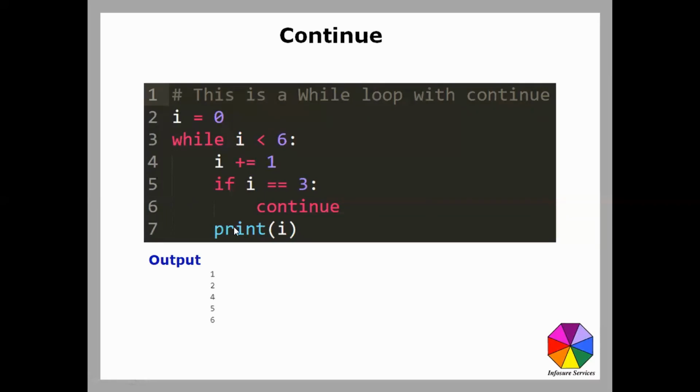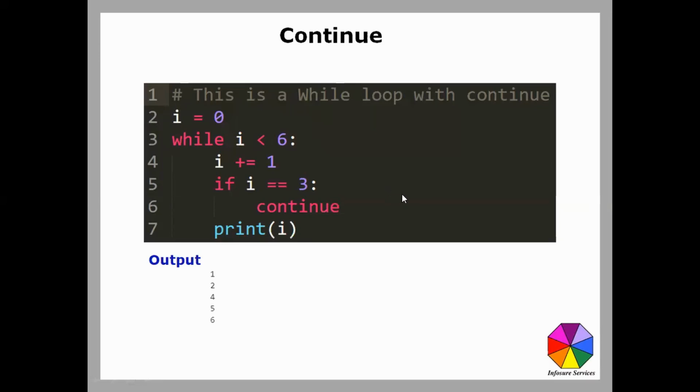So you see this print, it has been printing 1, 2, 3, it skipped and went to 4, 5, 6. So that's the while loop with the continue. Of course, since this number is lesser, I didn't want to break at all because it is just iterating through all the values of i.